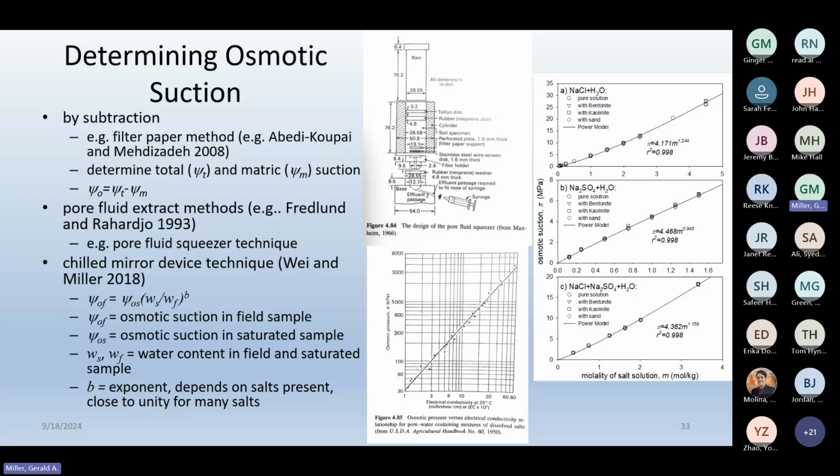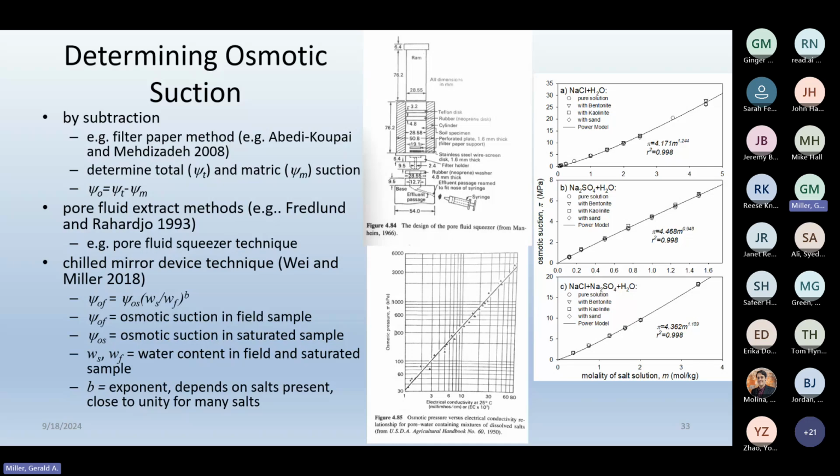So what that means, since the osmotic suction of the pure solution is the true osmotic suction, and it's the same whether you mix soil into that saturated solution or not, you can take your field sample, do your total suction measurement in the lab at the natural water content. So then you have natural water content, you have total suction for the field sample.